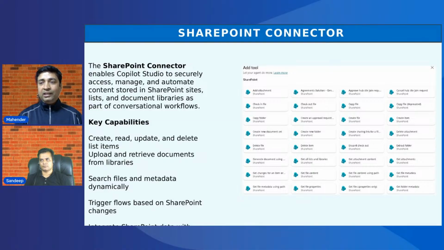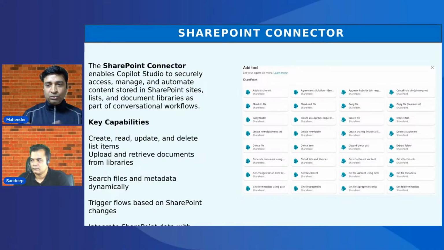For example, when a new document is added, if you want to extract that document information, or you want to create a document, maybe an email is coming with an attachment, you want to extract that attachment and store it on SharePoint, right? We have these capabilities as part of this SharePoint connector.